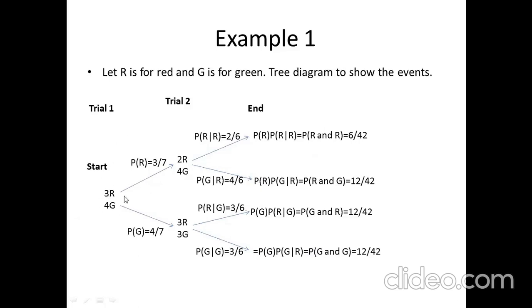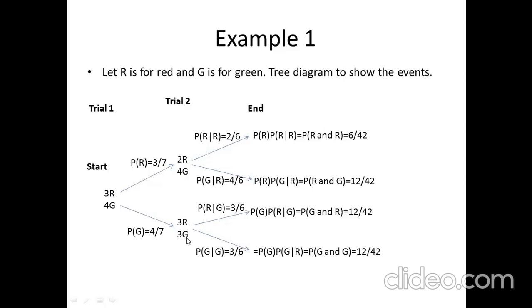At the start, we have 7 balls, and at the start of the second trial, we have 6 balls. That means the total number of actions that we can have is basically 7 multiplied by 6 by the rule of products. So in all we have a total of 42 values in our data set.